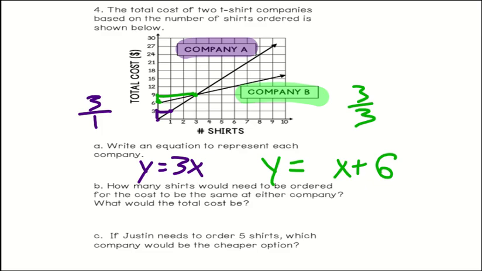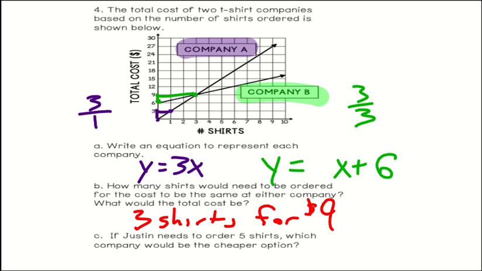So we got 3 shirts. And then it says, what would the total cost be? So what would the total cost be? Yeah, 3 shirts, $9.